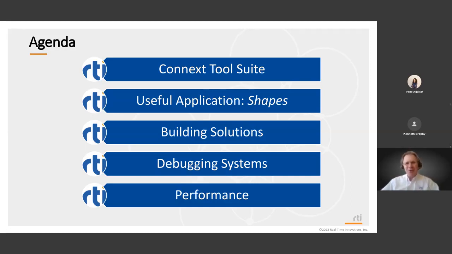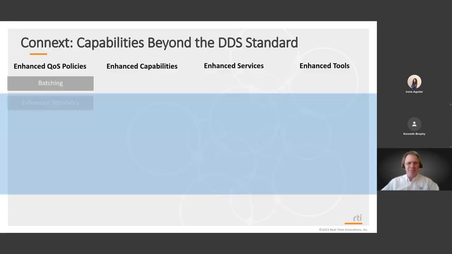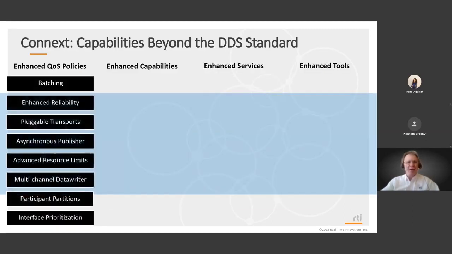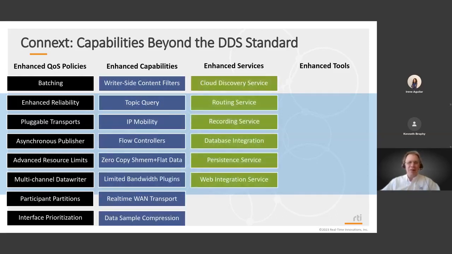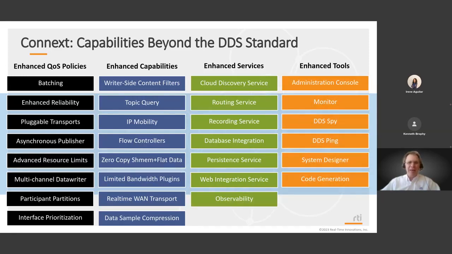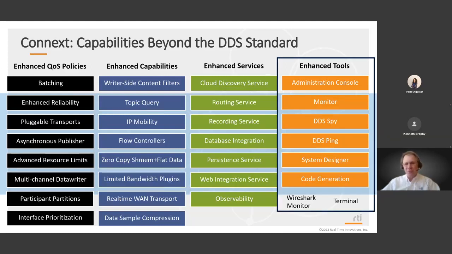What we'll be taking a look at, this is an interesting slide, the last little bits of the tool suites. RTI offers a tremendous amount of capability with our software. And as you can see on the last little row, enhanced tools, that's the part we'll be discussing.